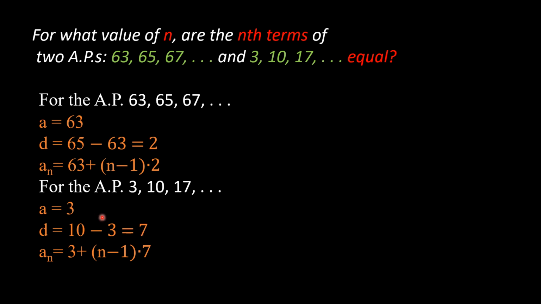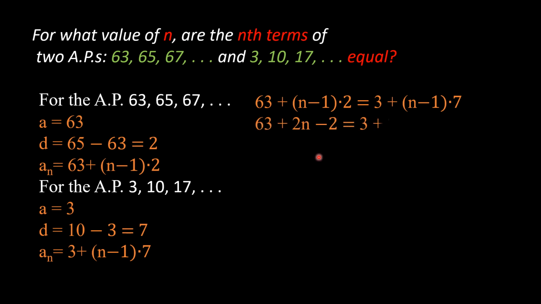Now we will equate the nth terms of these two A.P.s and write 63 plus (n minus 1) into 2, which is this, equals 3 plus (n minus 1) into 7, which is this.